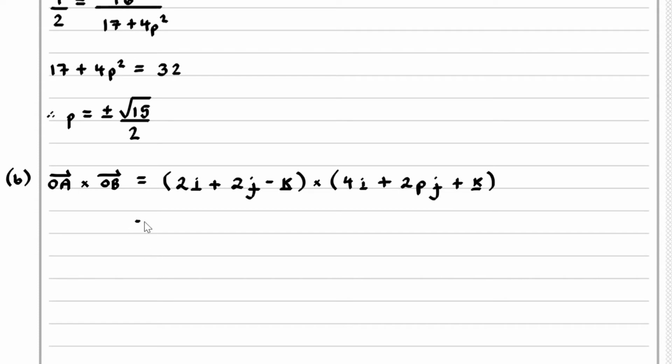So if we work this out, well, we've got i, j and k, and if we enter in this vector, we've got 2, 2, minus 1, and if I enter in this vector, we've got 4, 2p and 1.